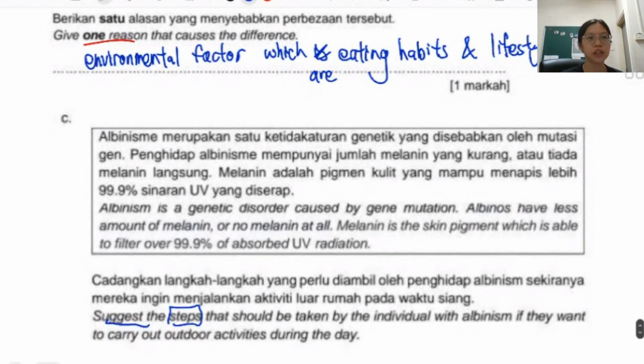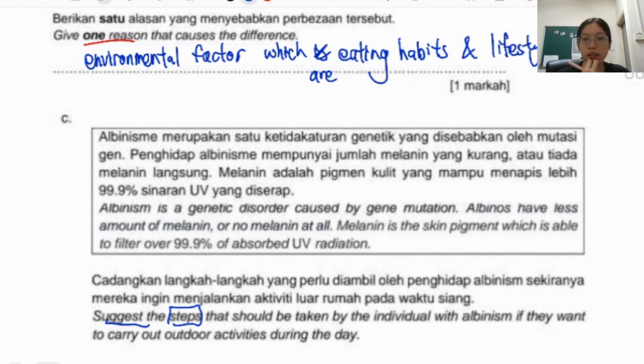Although they are super white, very pretty, very handsome, they have to take a lot of steps when they go out for outdoor activities because you are surely exposed to sunlight. Because they have very little melanin pigment, they tend to have poorer vision because our retina has melanin.